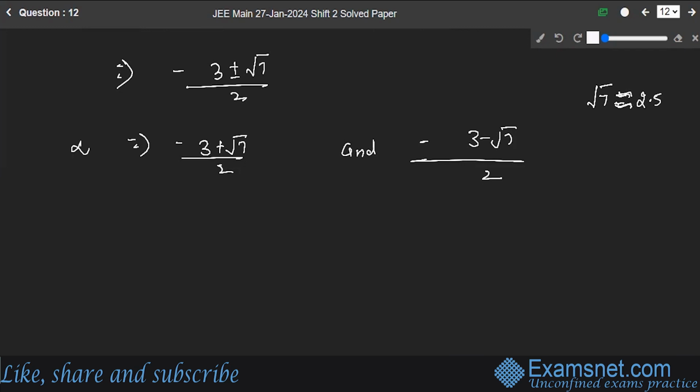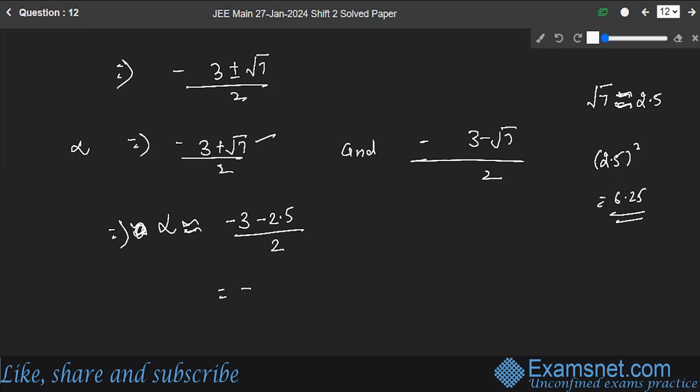Right, because it is more than 2 and less than 3. 2.5 square is actually 6.25. So I'm saying not exactly root 7, approximately it's near to this. So if I'm putting this approximately, alpha is approximately equal to minus 3 minus 2.5 upon 2, which is equal to minus 5.5 upon 2, which is equal to minus 2.75.